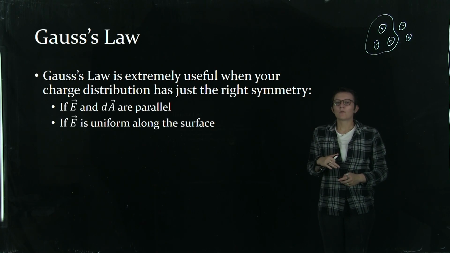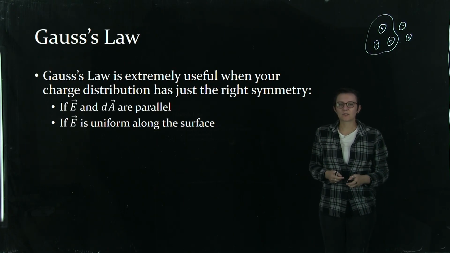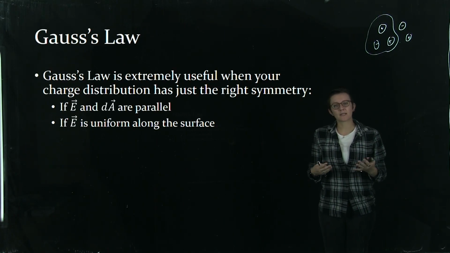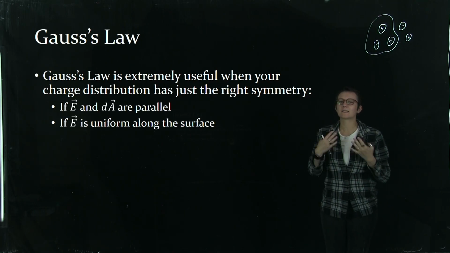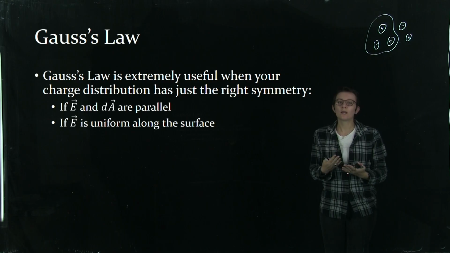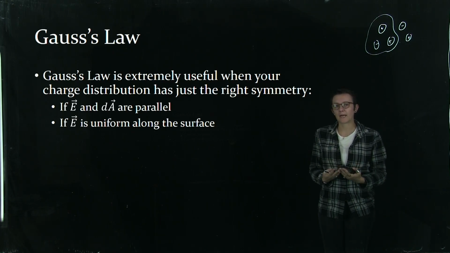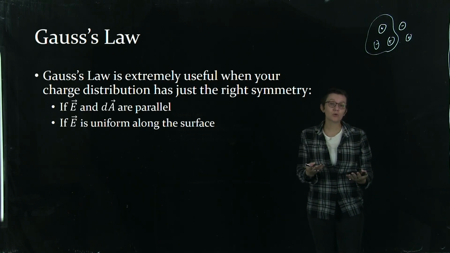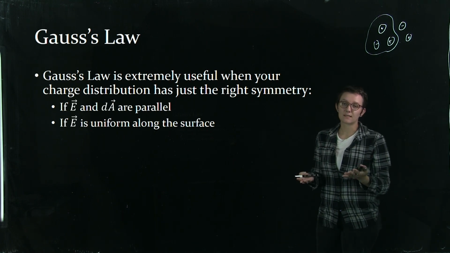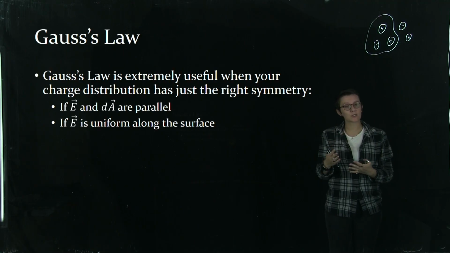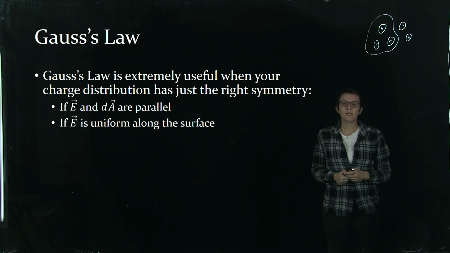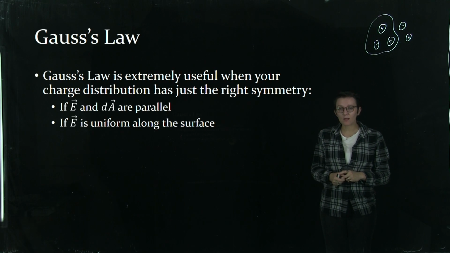So why might we actually use Gauss's law? We've been thinking about how you can calculate the electric field from some charge distribution. But Gauss's law is extremely useful when your charge distribution has just the right symmetry and when you can choose a Gaussian surface to fit that symmetry. The two conditions that are important to consider when you're choosing a surface for your charge distribution is you want E and dA to be parallel, right?